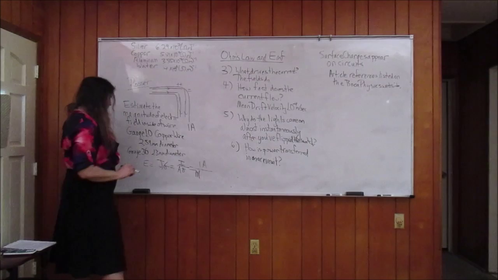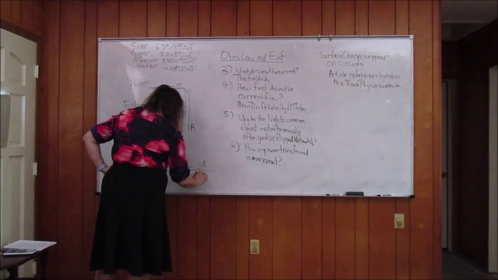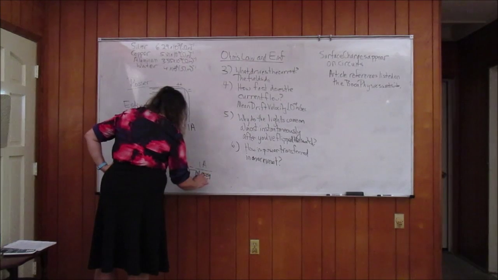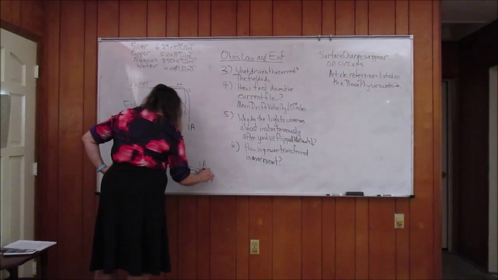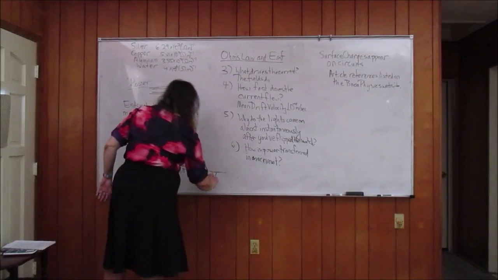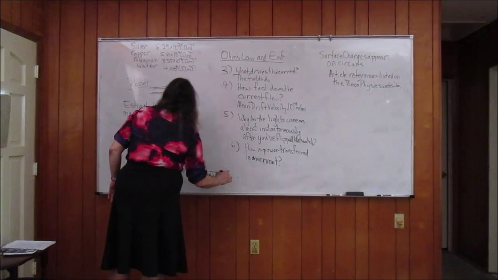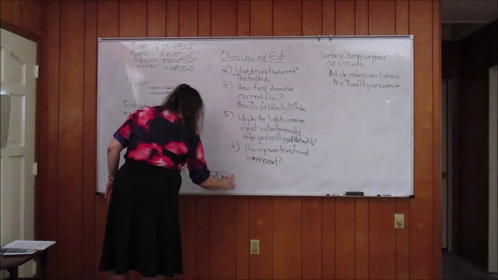And the area here is going to be pi times (0.00259 divided by 2) squared. Since we were talking about copper, the conductivity is 5.81 times 10 to the 7th.